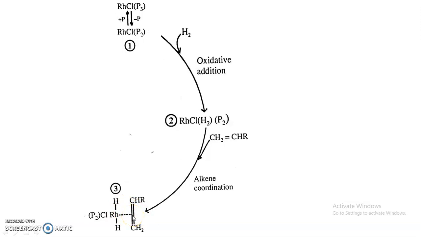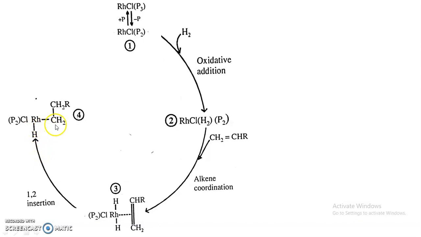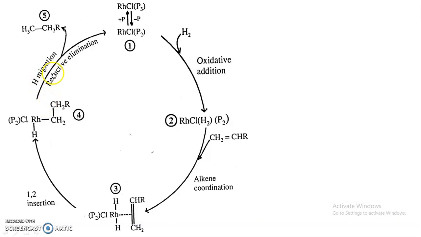This step is also very important because in this step there is a formation of an activated intermediate of the alkene complex. This is the activated intermediate. After 1,2 insertion, we get this complex, which is a 5 coordinated complex again, and after hydrogen migration or 1,2 migration and reductive elimination, there is a formation of the tricoordinated rhodium complex.